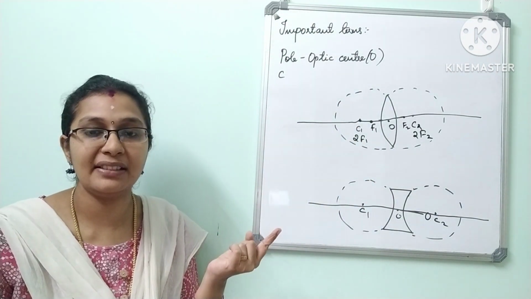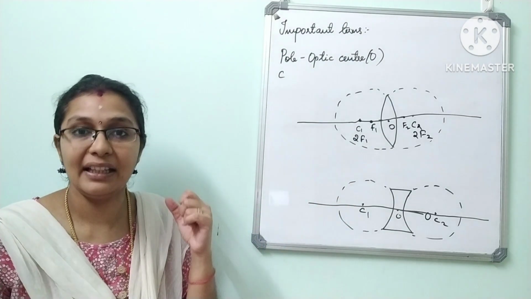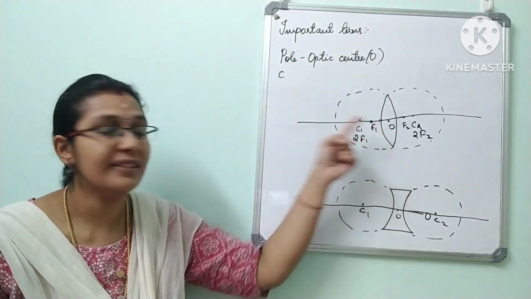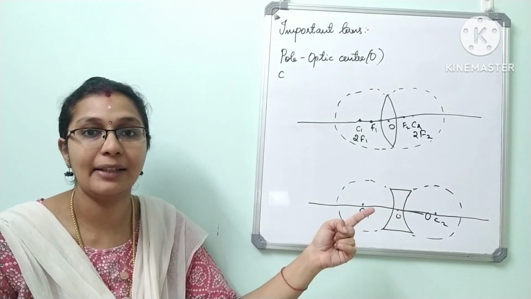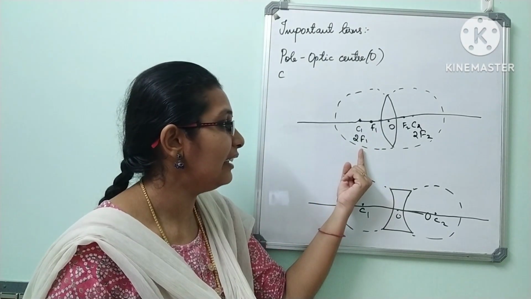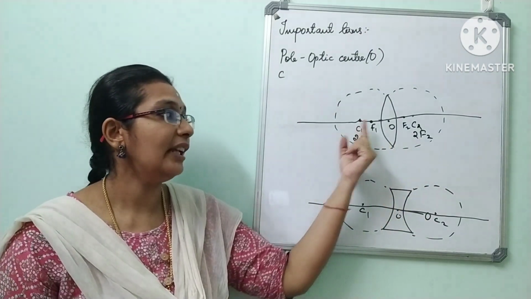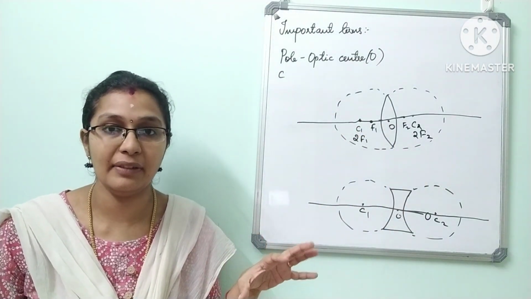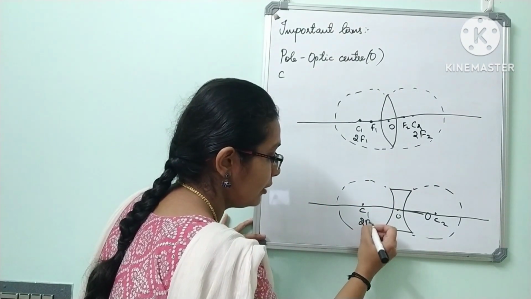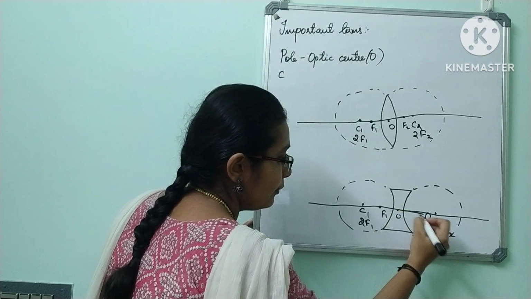We have seen this previously. In a mirror, we have seen the same concept: the distance between the optic center and the focus is equal to the distance between the focus and the center of curvature. So instead of that, can I write it as 2F1? It is twice that of F1. So instead of C1 and C2, I am renaming them as 2F1 and 2F2. Similarly here 2F1, 2F2. And here we have the focus.